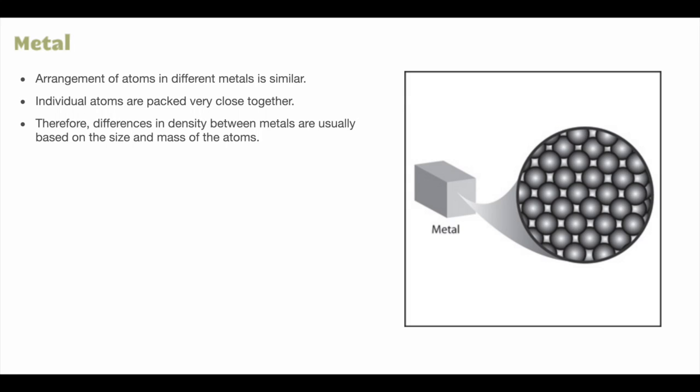For metals, most common metals like aluminum, copper, and iron are more dense than plastic or wood. The atoms that make up metals are generally heavier than the atoms in plastic and wood, and they are packed closer together. The difference in density between different metals is usually based on the size and the mass of the atoms, but the arrangement of the atoms in most metals is mostly the same.